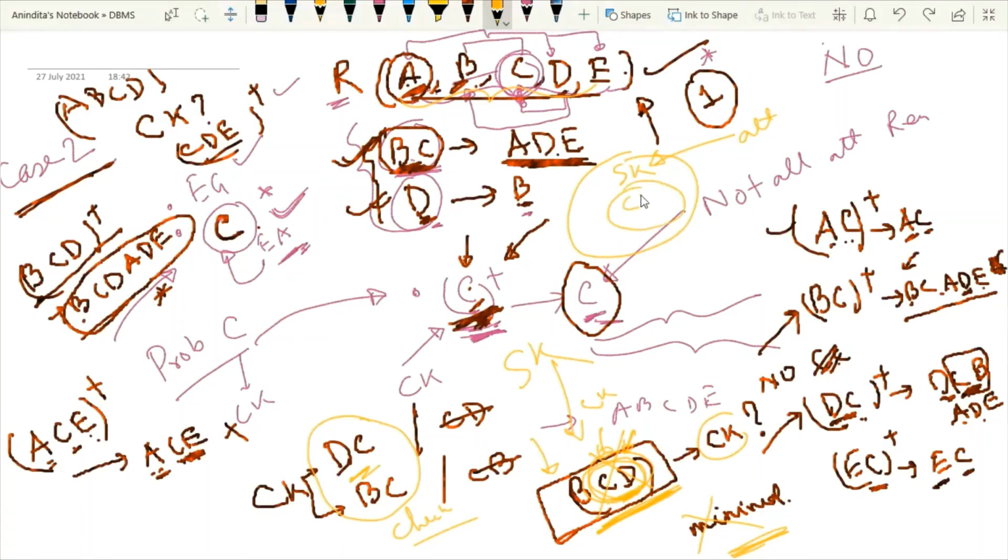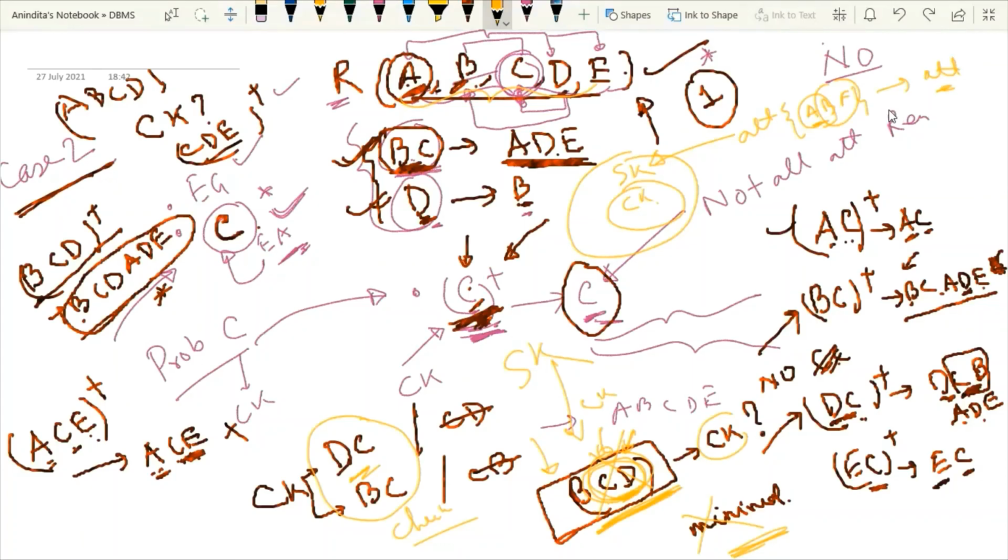And what is the definition of candidate key? If we have any LHS from which all the attributes are reachable, at this point of time it is a super key, but now try to find out whether any particular subset finds all attributes alone or not. If yes, then it is not minimal.